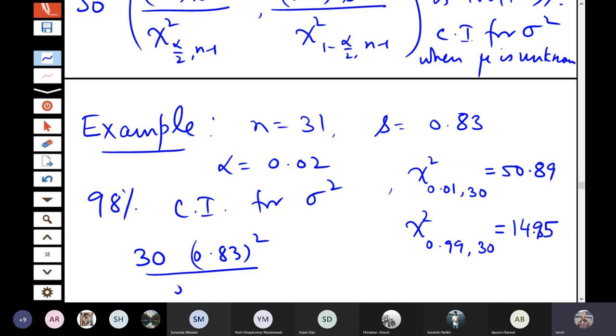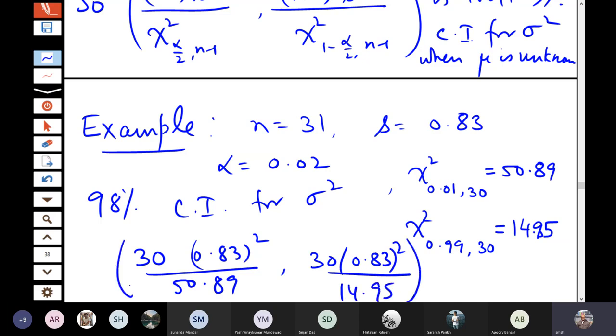So this is 30 into 0.83 square divided by 50.89 to 30 into 0.83 square divided by 14.95. So this is the confidence interval. Anyway, this can be easily simplified. You can check it. 98% confidence interval for sigma square.